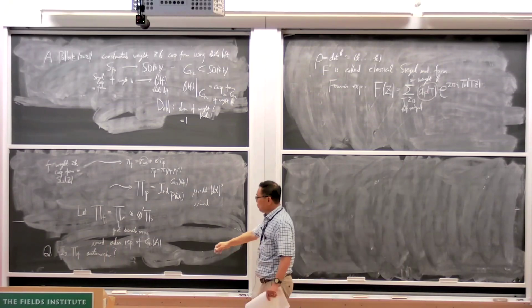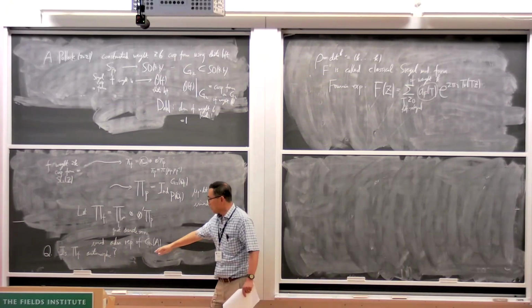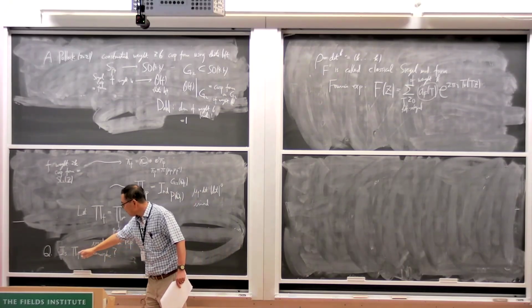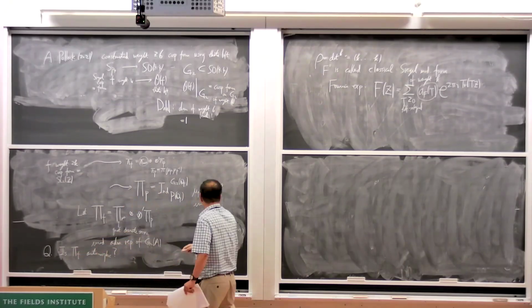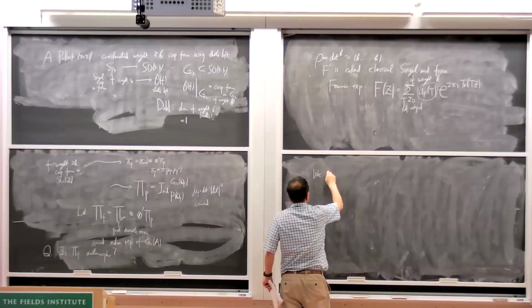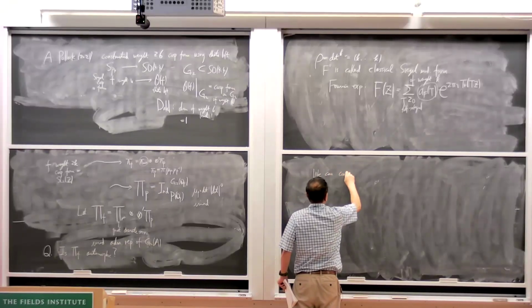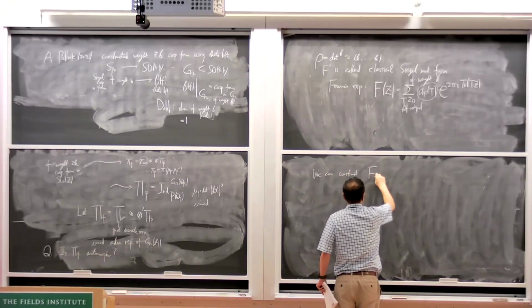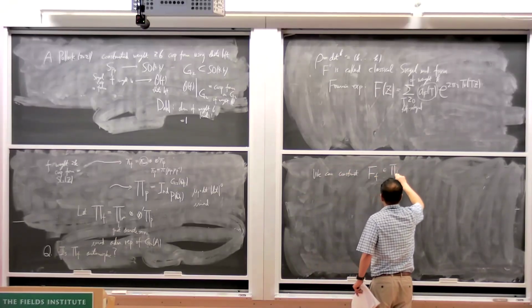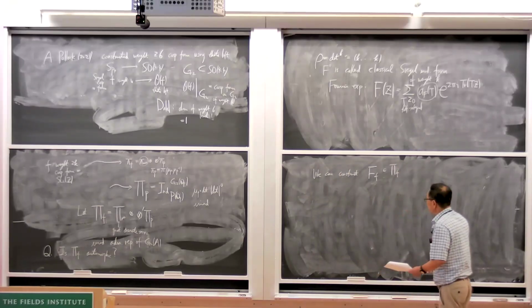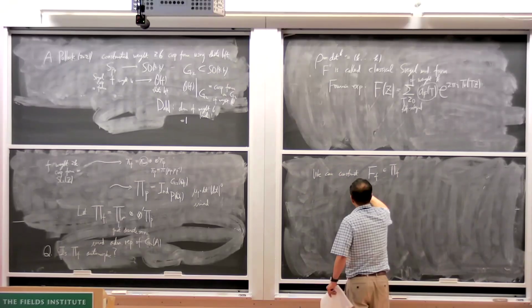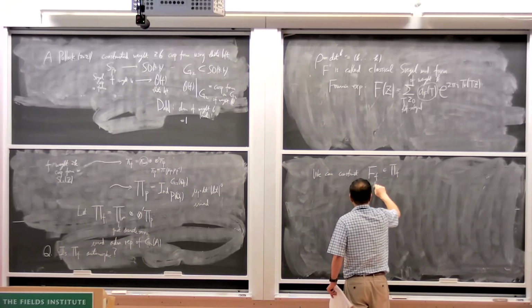In fact, we can actually construct some kind of function F in this space using degenerate Whittaker functions.